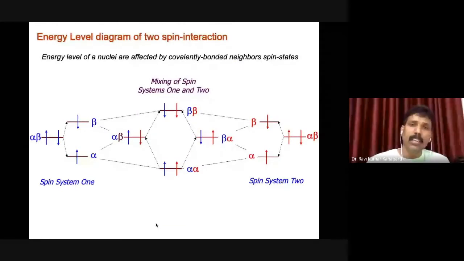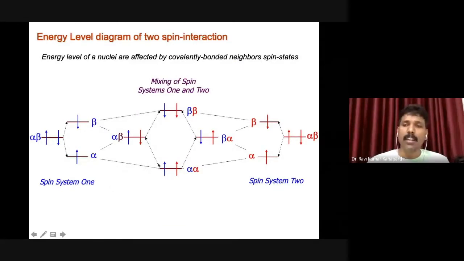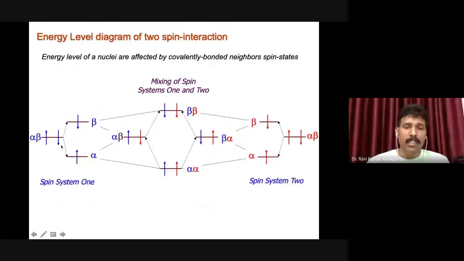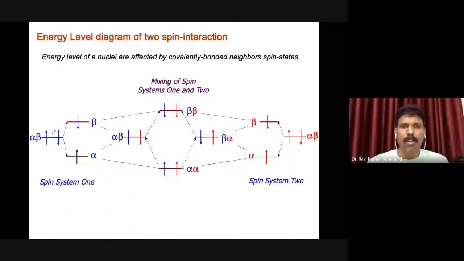For example, if you consider two nuclei, both are half spin nuclei. Let us take an example of one system. Half spin means that it can be pointing upward or pointing downward. So you can arrange the alpha and beta states.